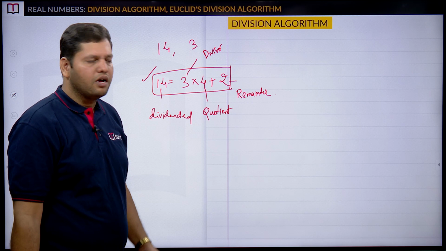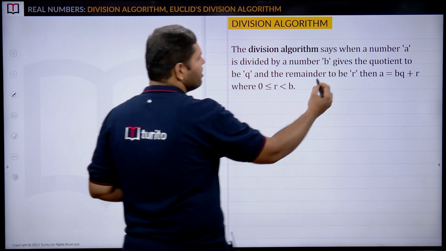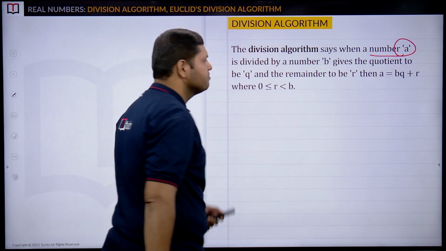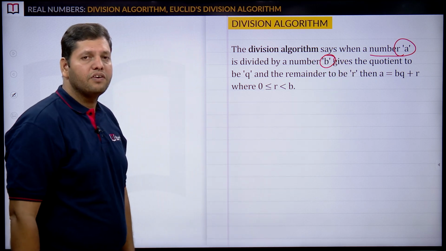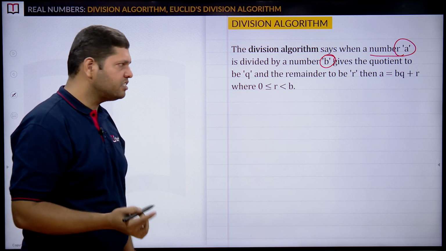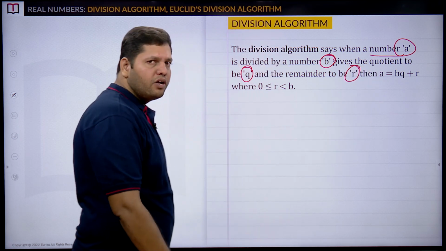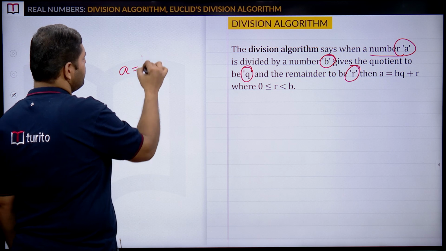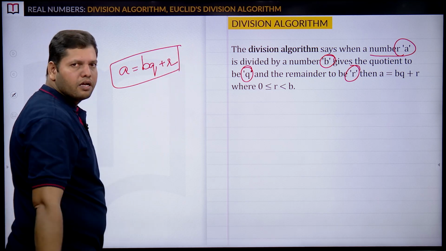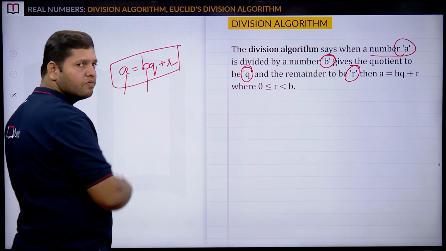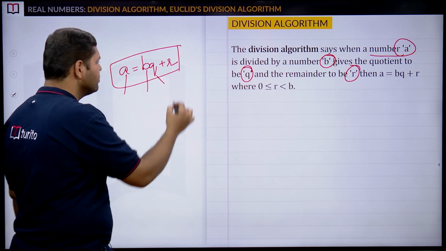Clear, children? Now let us see one definition of the division algorithm. The division algorithm says that when a number A is divided by some other number B, if the quotient is Q and the remainder is R, we can write A is equal to BQ plus R. Here A is the dividend, B is the divisor, Q is the quotient, and R is the remainder.